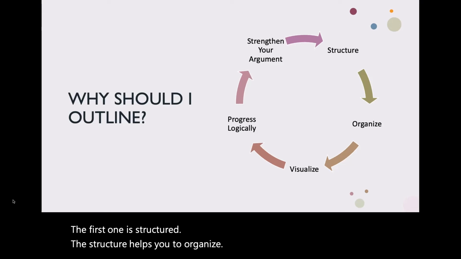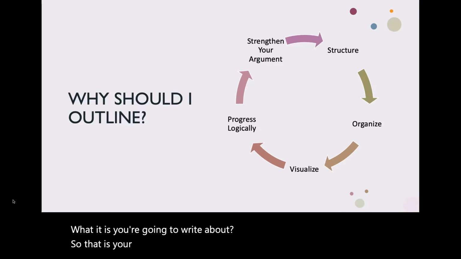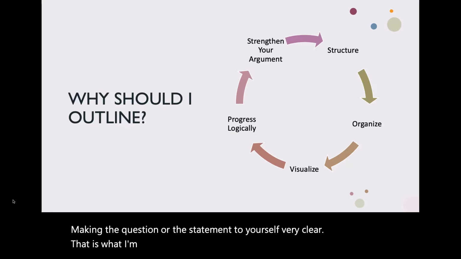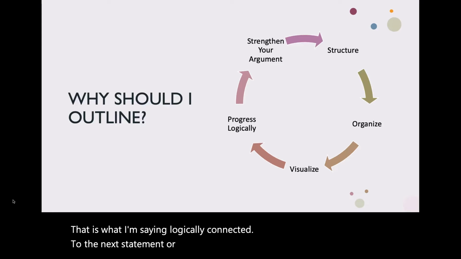The organization helps you to actually see what it is you're going to write about. So that is your visualizing. You then progress logically, making the question or the statement to yourself very clear. That is what I'm saying: logically connected to the next statement or argument that I plan to prove or disprove.